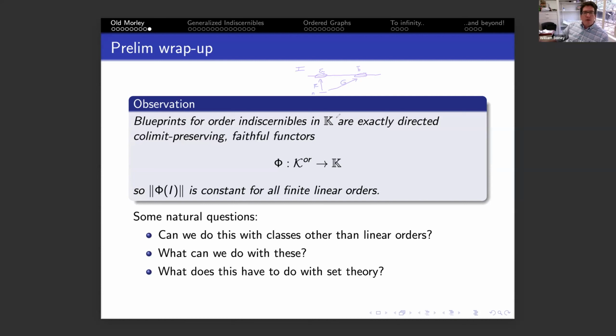Or not functors, these aren't functors. Sorry. These are embeddings in the category of linear orders. And now, we take this thing that's in the category of linear orders, we hit it with this functor, and we have an embedding of this one model, EM n phi, which maybe should be written phi of n.